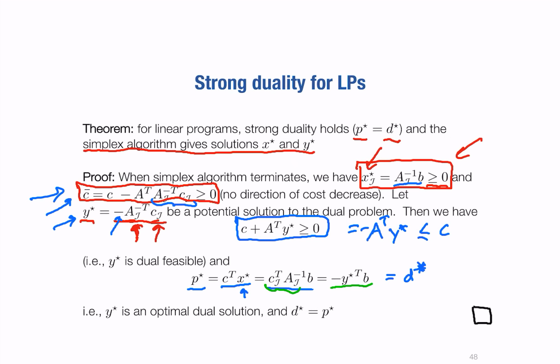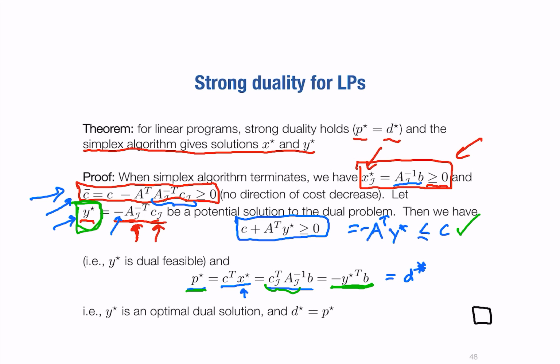So what we've shown is that this solution for y, let's highlight it a few more times here, is dual feasible, and when we plug this value of y into our dual problem, we get an objective equal to p star.